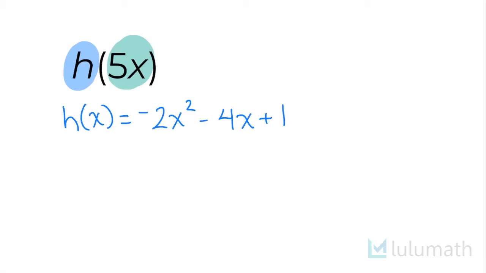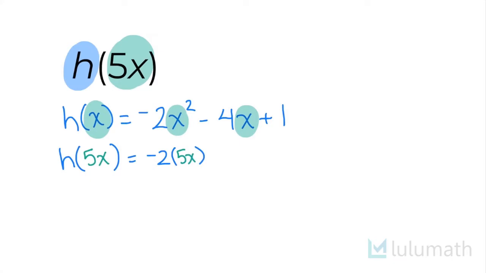Here we know h of x is equal to negative 2x squared minus 4x plus 1. Every time I see an x, 5x goes in instead. So I'm going to copy down this negative 2, and then I'm going to fill in 5x instead of x, and then that's getting squared, minus 4 multiplied by 5x again, and then plus 1.